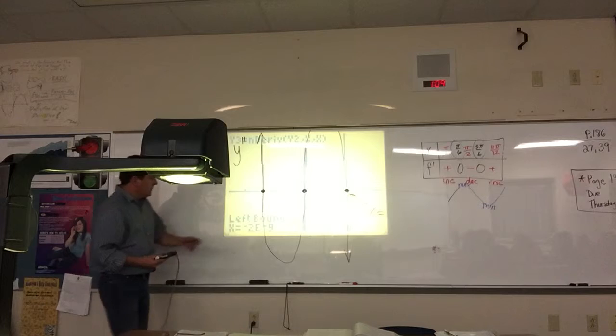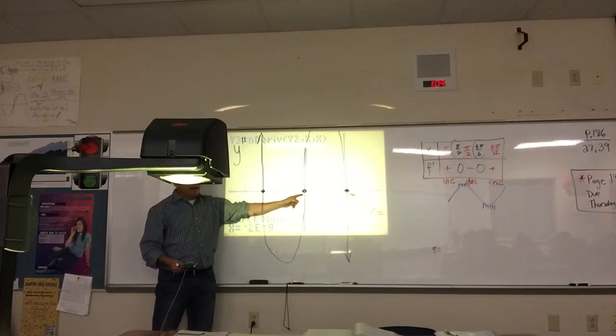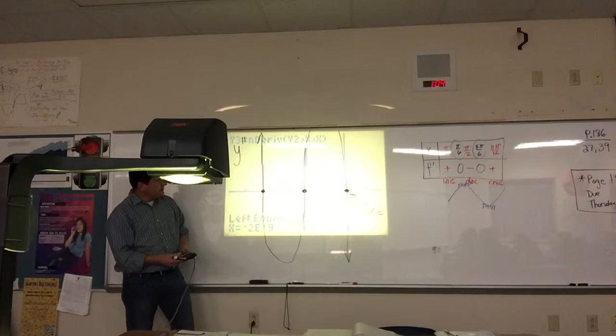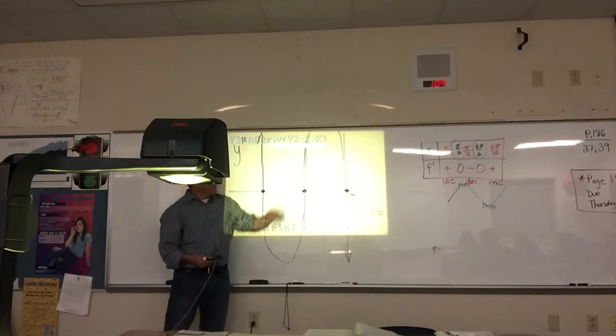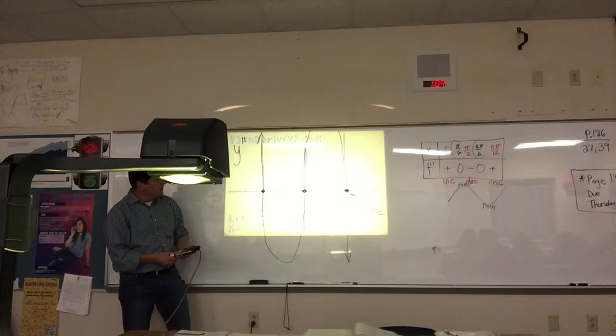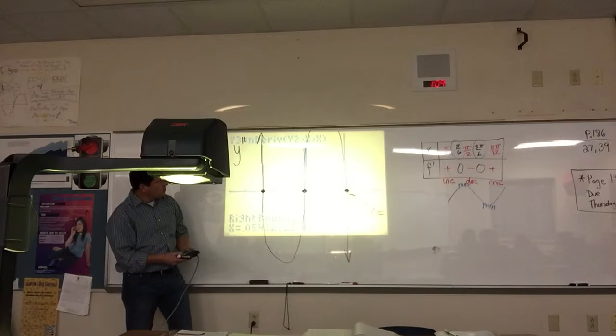I found my middle point right here. So all you have to do is find this one right here. Go to the right just a bit, and then that can be your left bound. And then you can just go past. There it is. I'm past it.